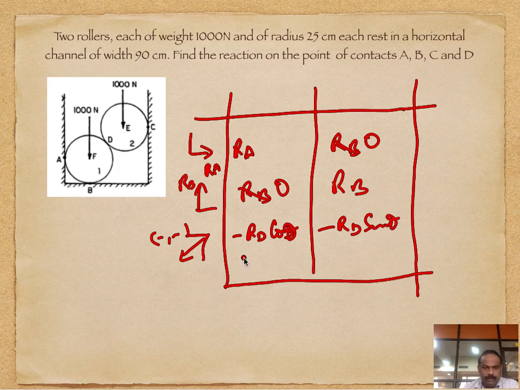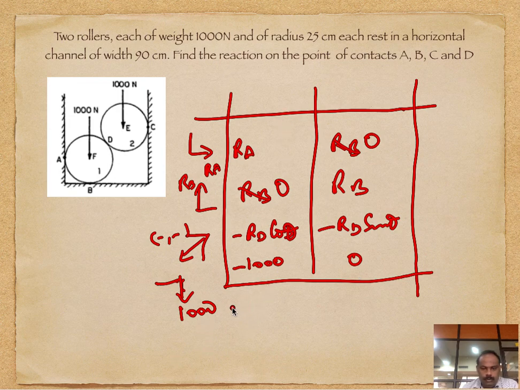And the last one is the 1000 Newton: minus 1000 cos 90 is 0, and sin 90 is 1.